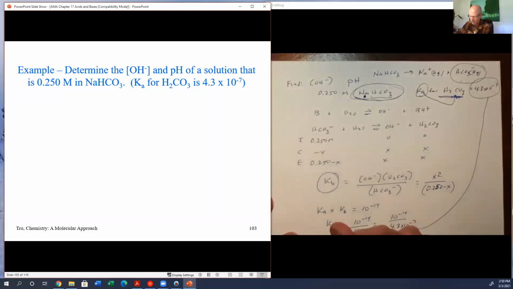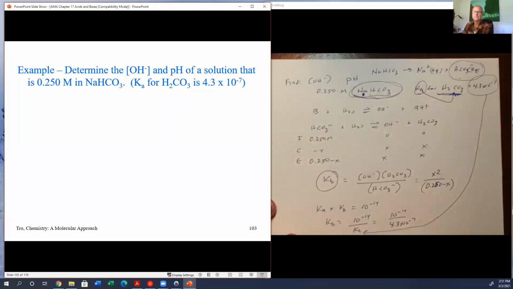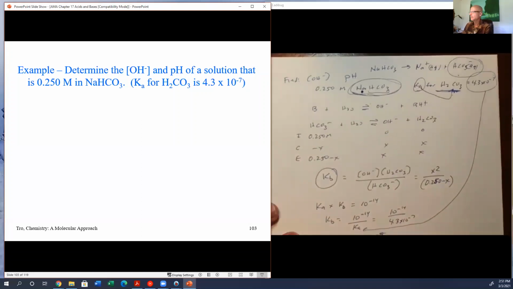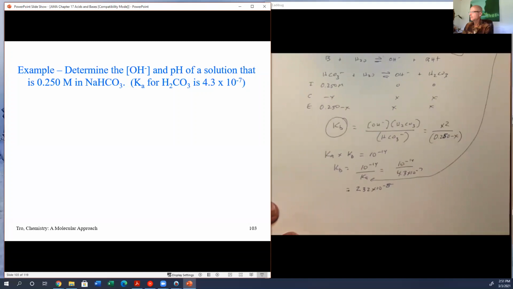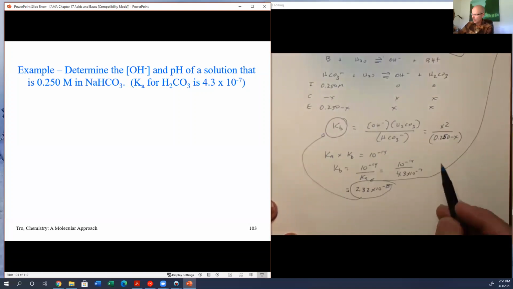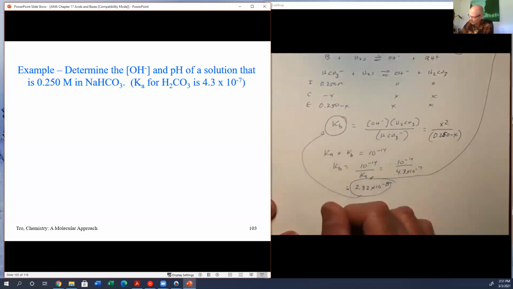So Kb comes out to be equal to 2.32 times 10 to the minus 8. That is going to go in there, and I have to solve that for x. So I get x squared over 0.250 minus x is equal to 2.32 times 10 to the minus 8.